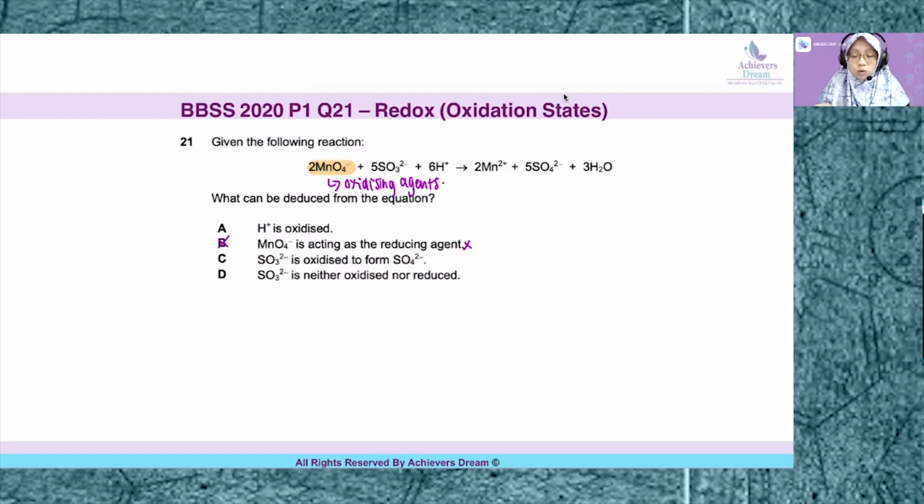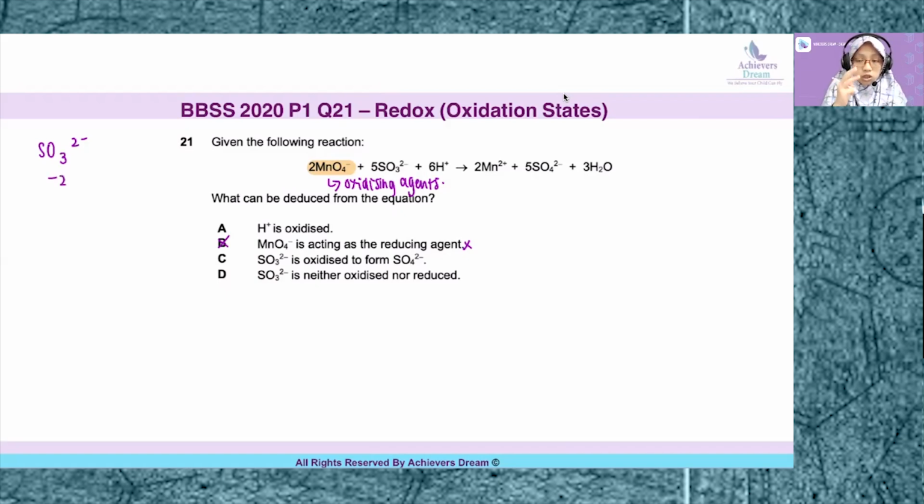The next thing I would do is to determine the oxidation state of the different elements, especially the sulfur atom. Let's look at the oxidation state of sulfur in the sulfite ion. The oxygen atom generally has an oxidation state of -2.